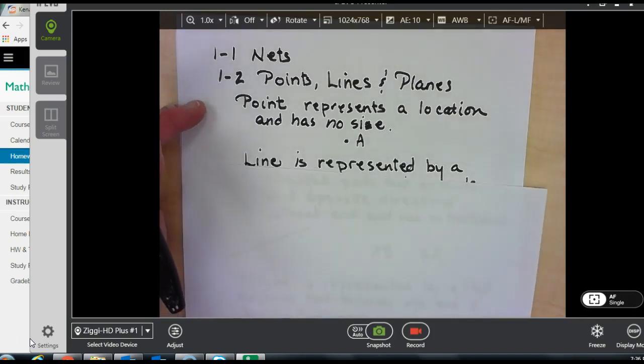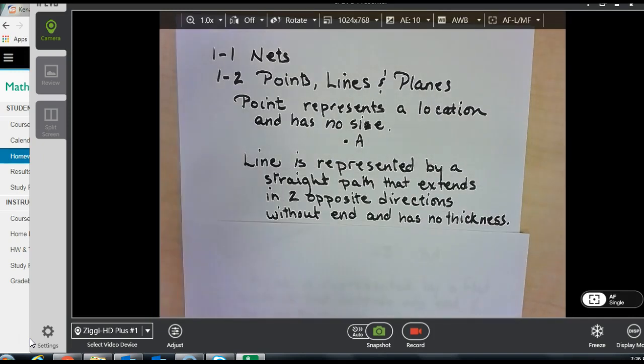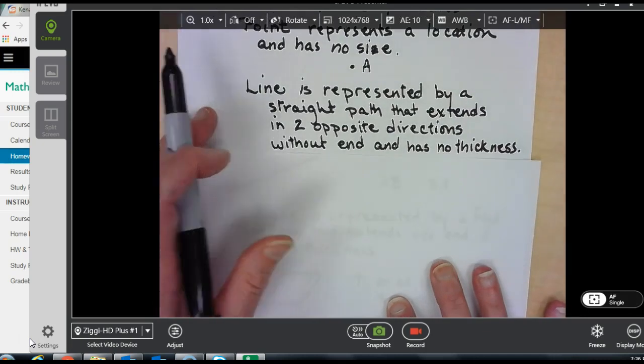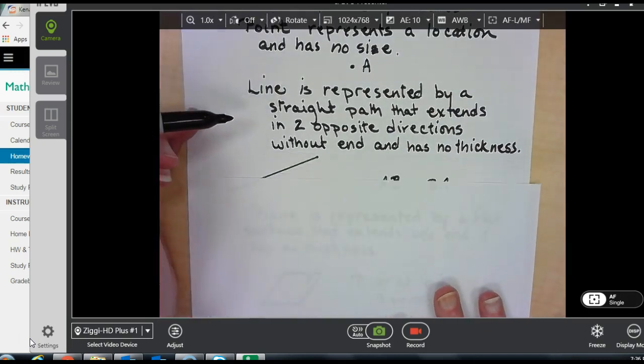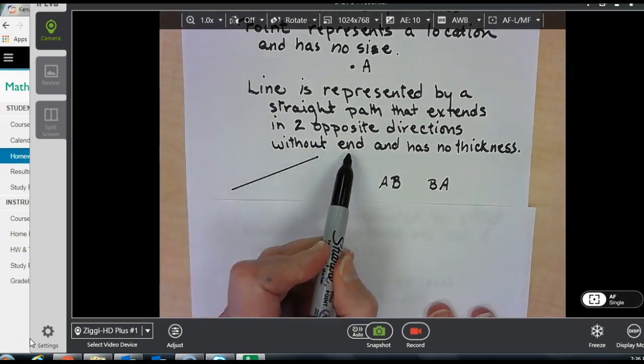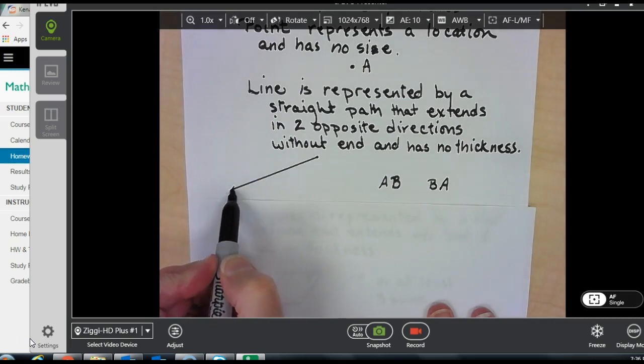If we talk about a line, a line is represented by a straight path that extends in two opposite directions without end and also has no thickness. So if we draw a line, I used a ruler on this one, because it has no end, we put arrows at the end.